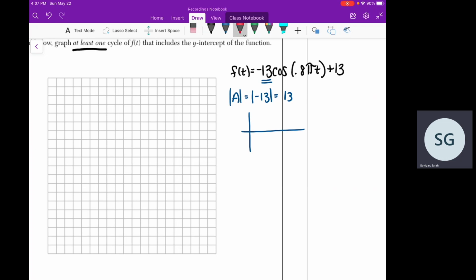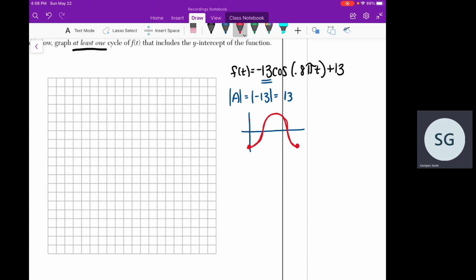Instead of the regular cosine curve, which starts up here, comes down and comes back, it is going to go down first. It's going to start down here, then come up, and then come down here. And that should make sense. You pick up the nail at the bottom, it goes all the way around the tire, and then it hits back at the bottom again. We're going to graph that.